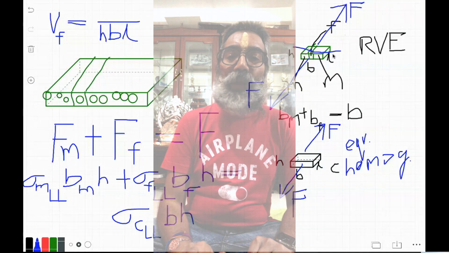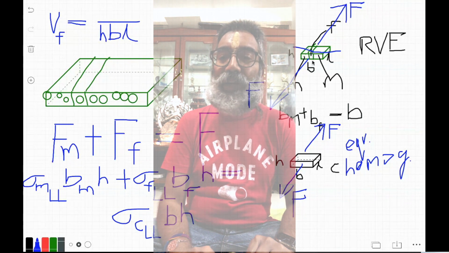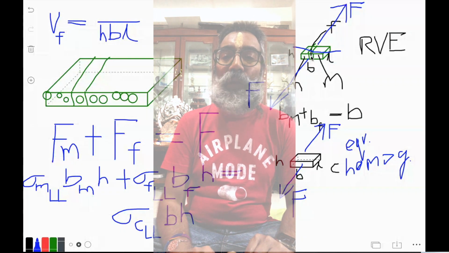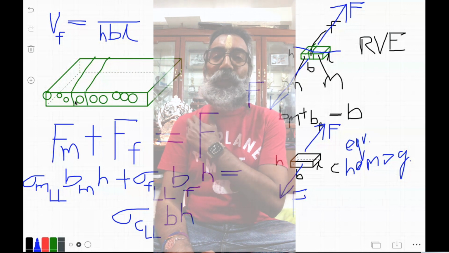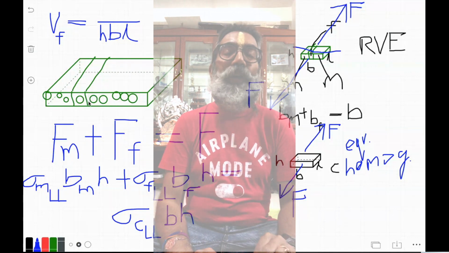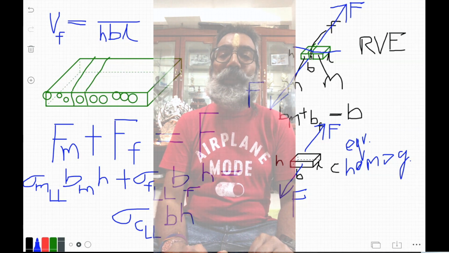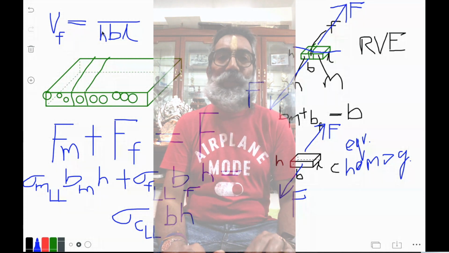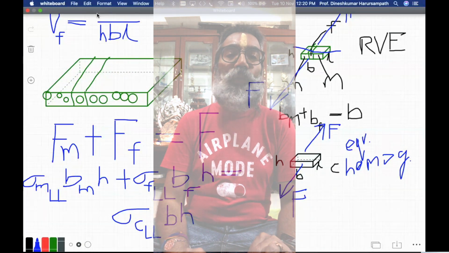The height of the fiber according to this RVE geometry that we have taken is very simplified, because we are just taking a rectangular cross section for the fiber. In reality, it is somewhat elliptical. Circular may be a reasonably good approximation for most cases, but this is a crude approximation but works for this simple model. So HBL is the total volume.